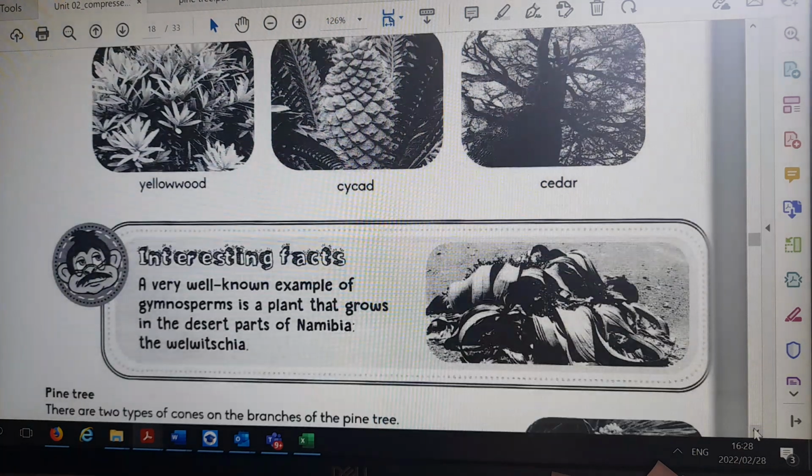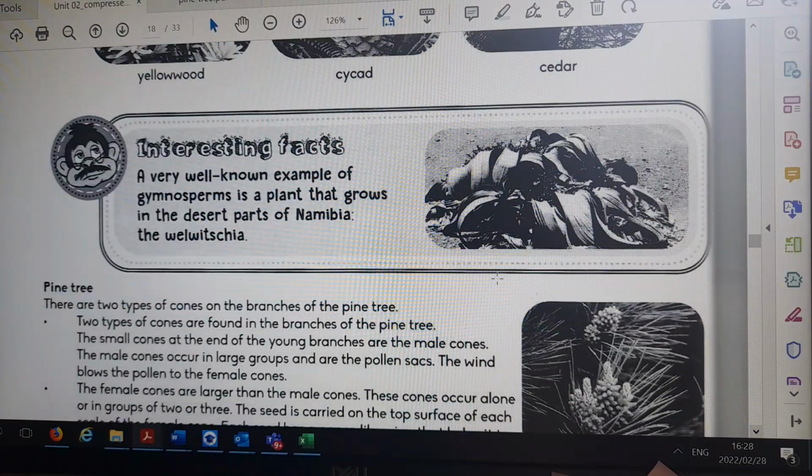Now we also have a very interesting gymnosperm. Let's read the interesting fact. A very well-known example of a gymnosperm is a plant that grows in the desert parts of Namibia, which is the welwitschia. I just want to show you before we go to the pine tree.